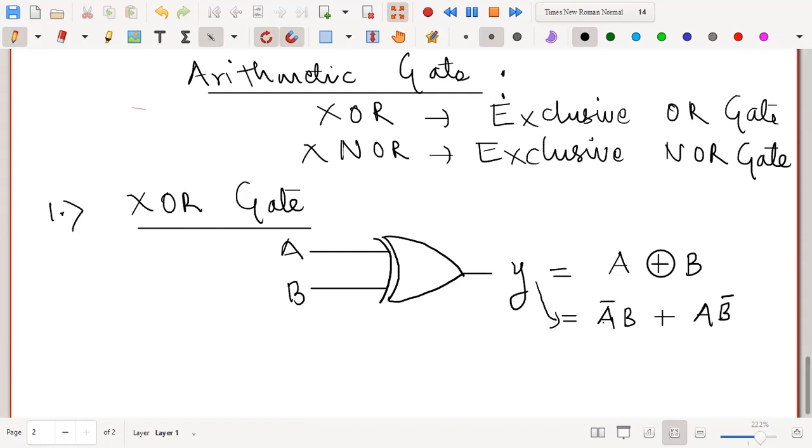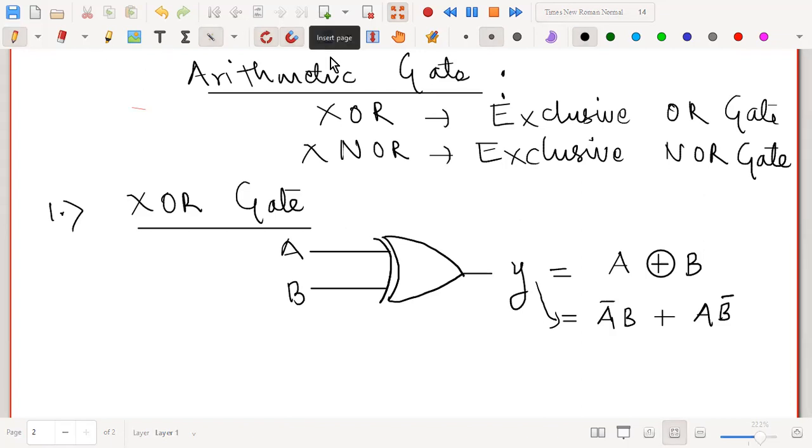If any one of the inputs is 1, then the output is high, otherwise the output is 0.